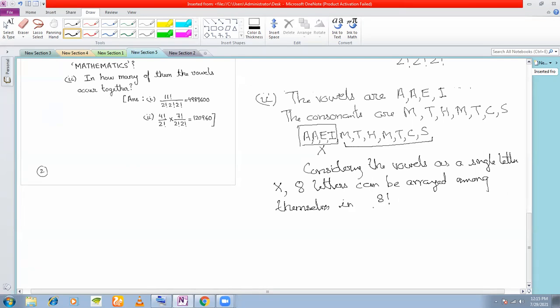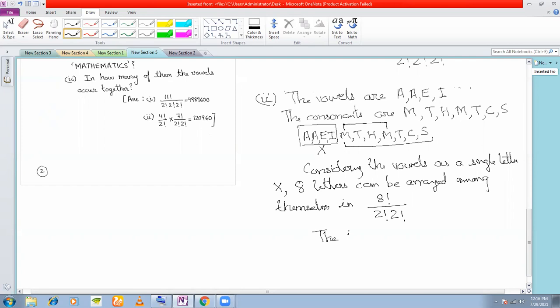Factorial 8. Now see what letters are repeated. Here M and M is repeated. So I have a factorial 2 for M. Any other repetition? T is also there. So I have a factorial 2 for T. Okay. So this is the number of ways considering the vowels as a single letter. Now the vowels themselves can be arranged.